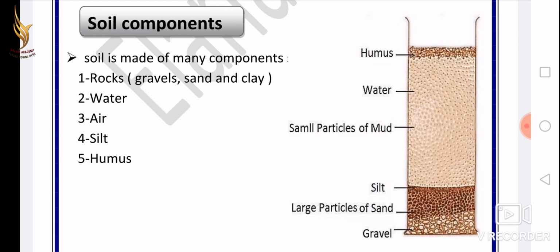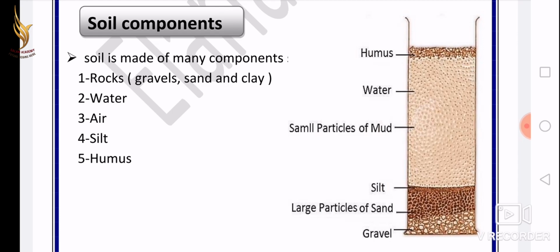Okay? Humus. What's meant by humus? Humus means when living organisms die, their bodies decay. Decay means breaking down. These decayed remains of plants and animals are called humus. Okay?